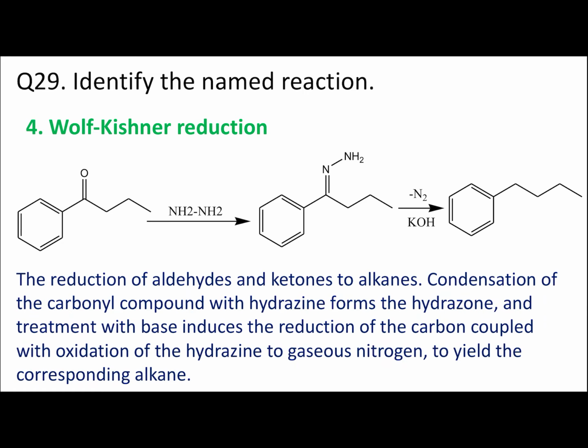So the middle compound you can see there is a hydrazone, and upon treatment with base it induces the reduction of carbon coupled with oxygen of hydrazine, and there is a reduction, meaning the nitrogen, which is an electronegative atom, is removed and hydrogen is added. That's why it is called reduction.